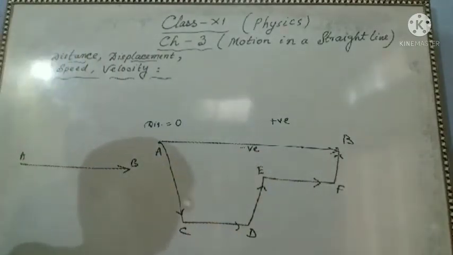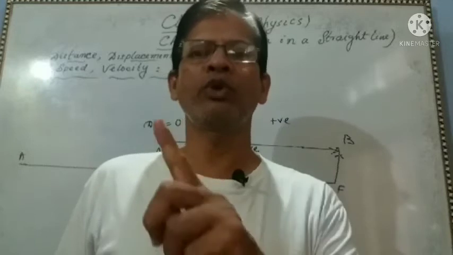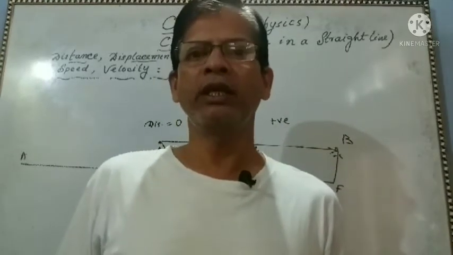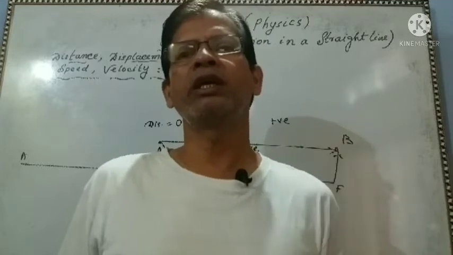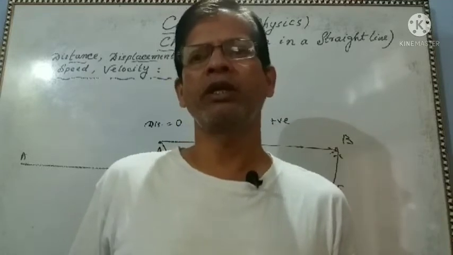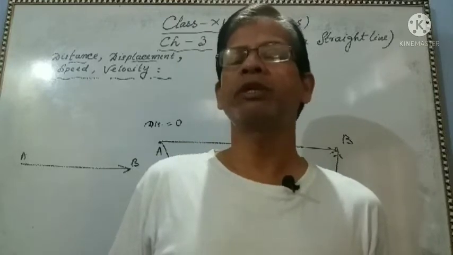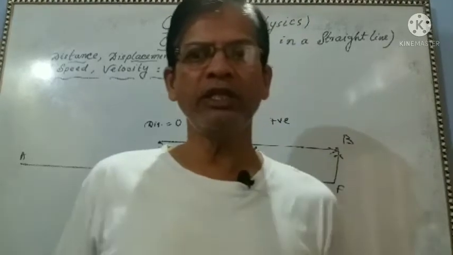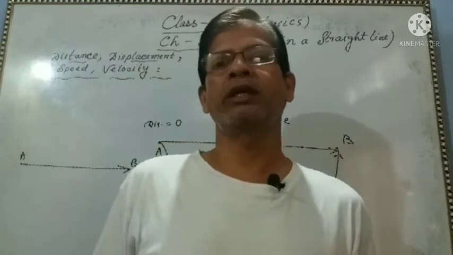And due to a change in origin, suppose the origin is changed, then there will be no change in displacement. If the origin is changed, there will be no change in displacement. Displacement is a single valued function.